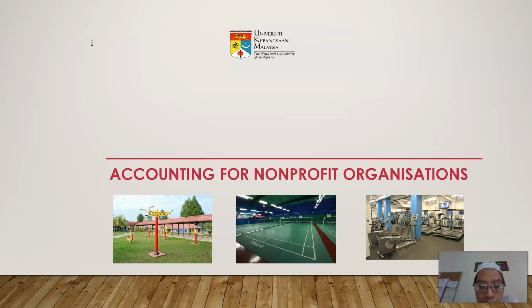Non-profit organizations are set up not with the intention to pursue profit, but rather to hold activities and events for the benefit of the members of the organization.